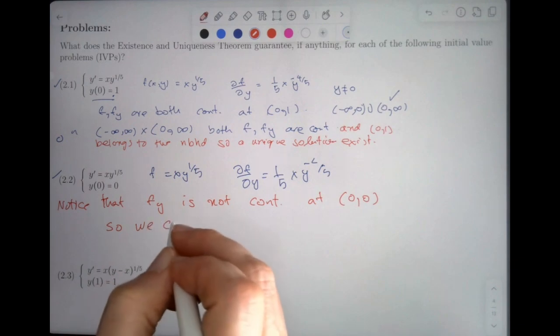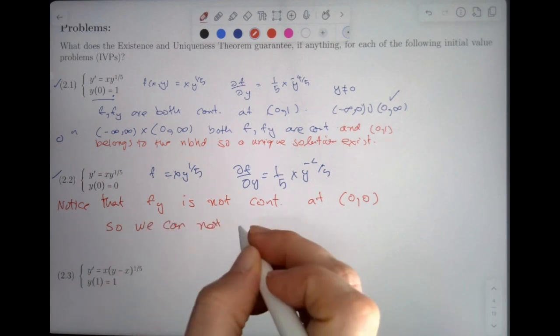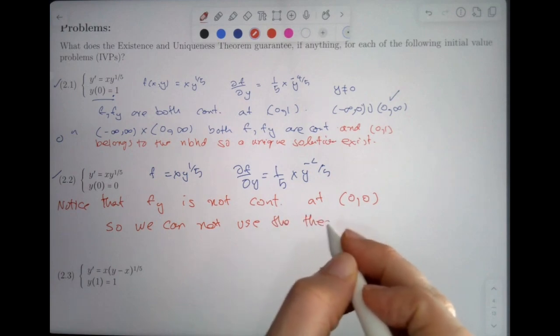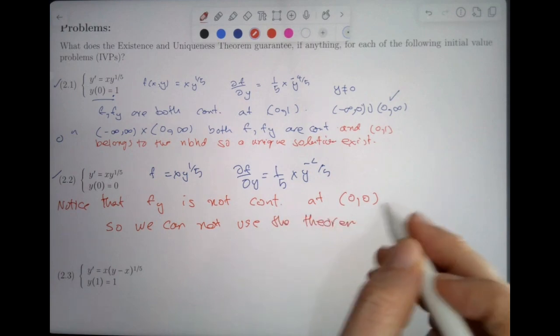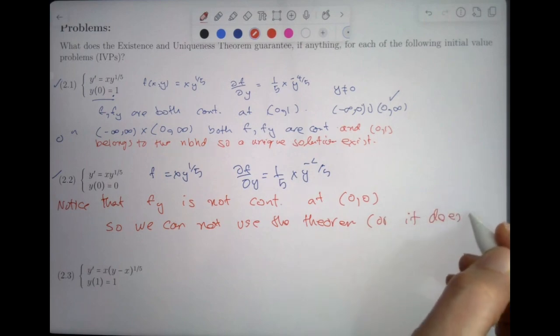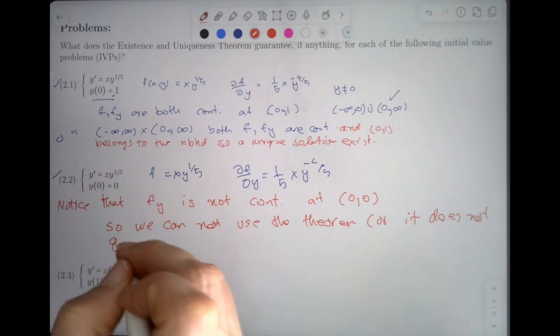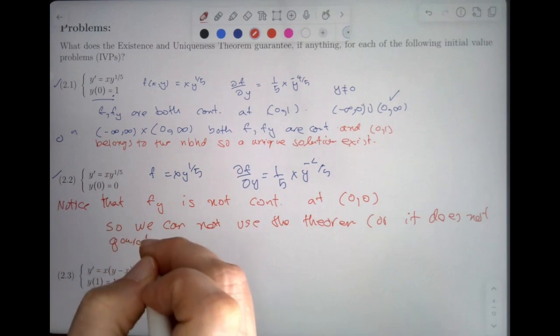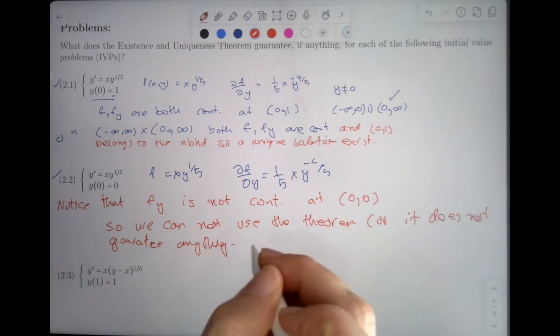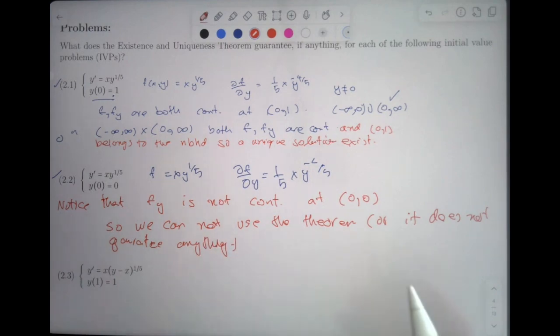So we cannot use the theorem, or the theorem doesn't guarantee anything. Again, is there really a second solution in this case?